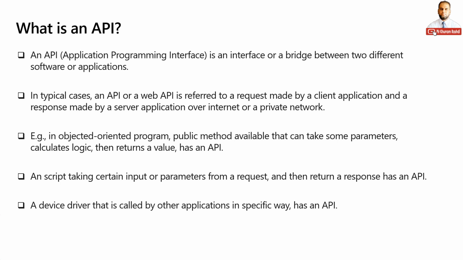That is to have an API: it is called by an application in a specific way by passing parameters, and then the device driver works based upon those parameters and returns something as an output.